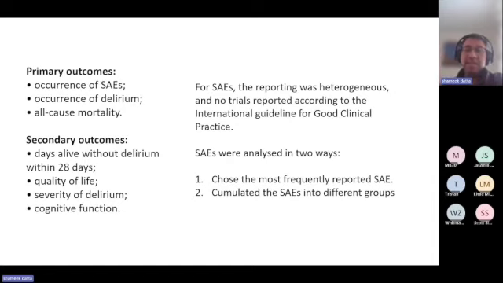Because the reporting was very heterogeneous and no trials reported according to the international guideline for good clinical practice, they decided to analyze it in two ways. First, they chose the most frequently reported adverse event, and they also accumulated the adverse events into different groups.